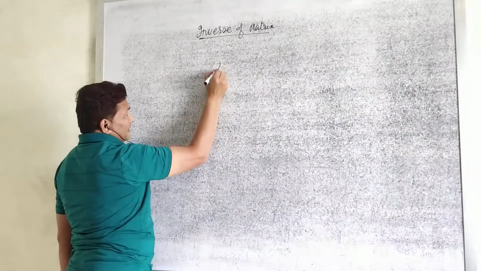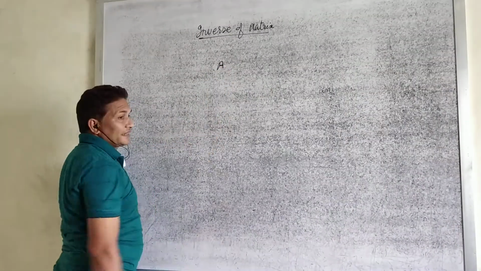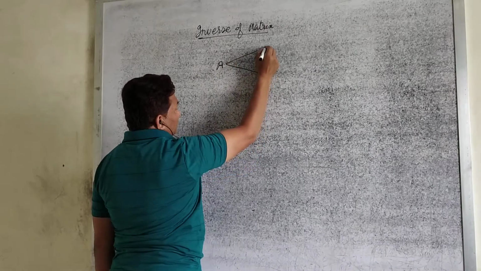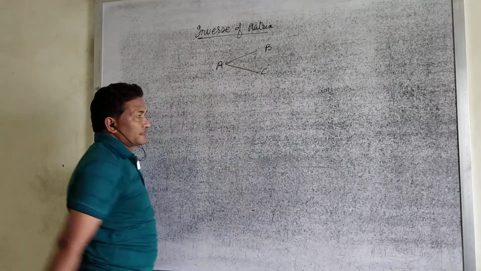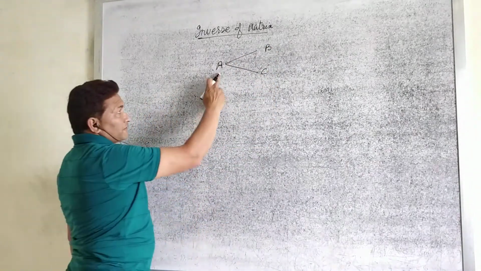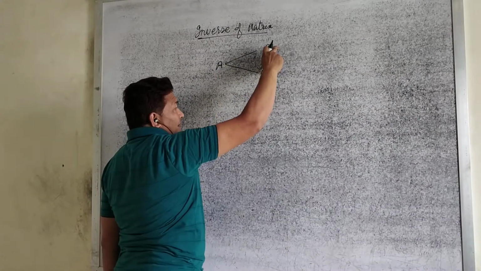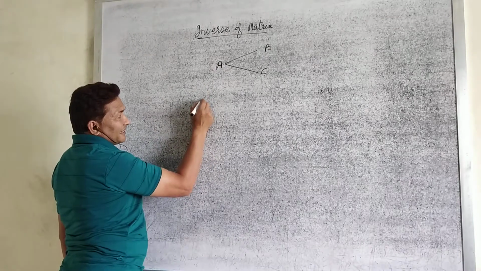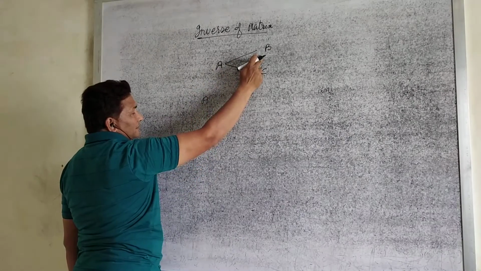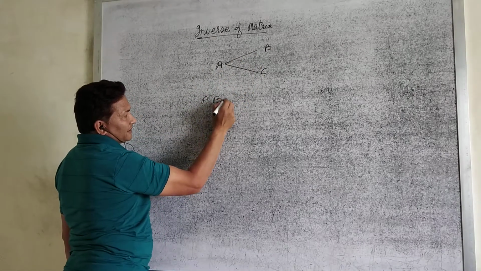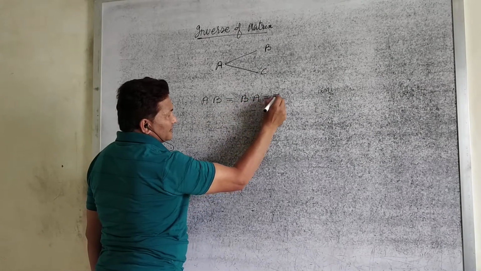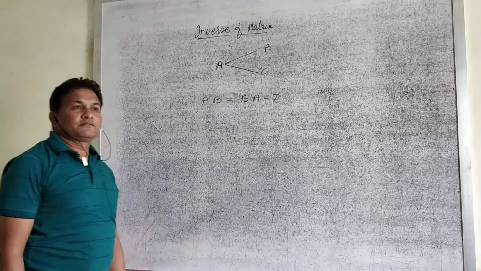Let us assume that a square matrix A has two inverse matrices B and C. The inverse of A has two values, B and C. So by definition, as B is the inverse of A, therefore B into A is equal to I, first.